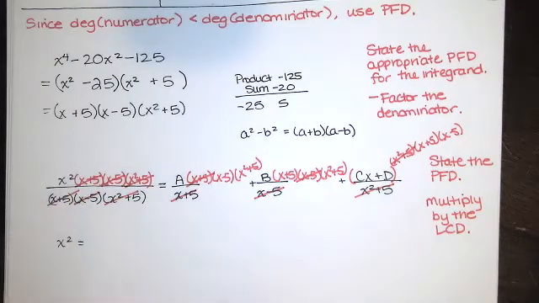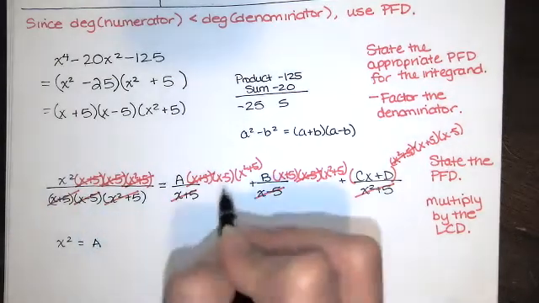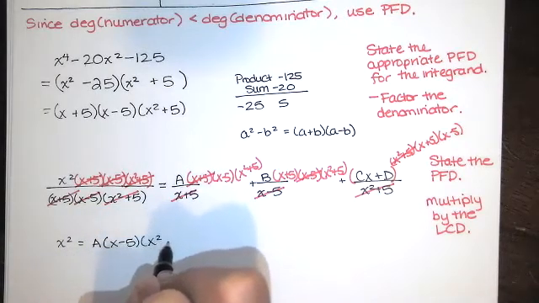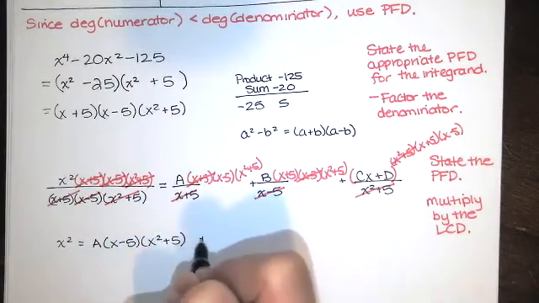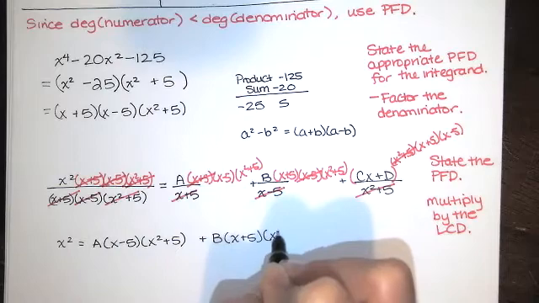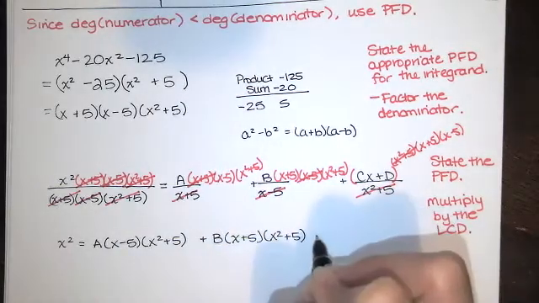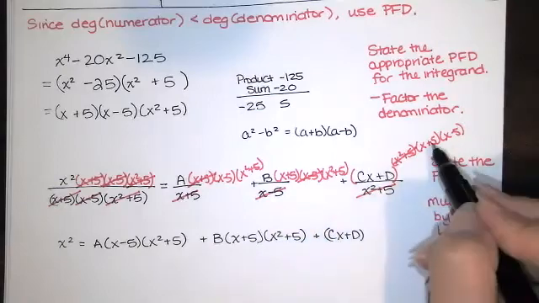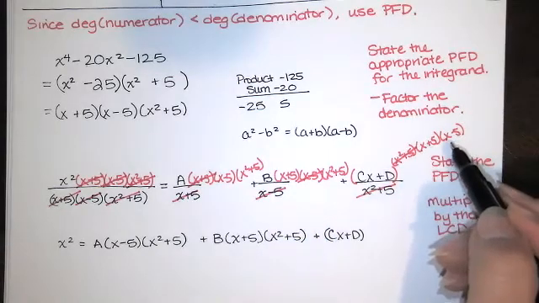We've got x squared over here equals a times x minus 5 times x squared plus 5. And then we've got b times x plus 5 times x squared plus 5. And then we'll have cx plus d times x plus 5 times x minus 5.